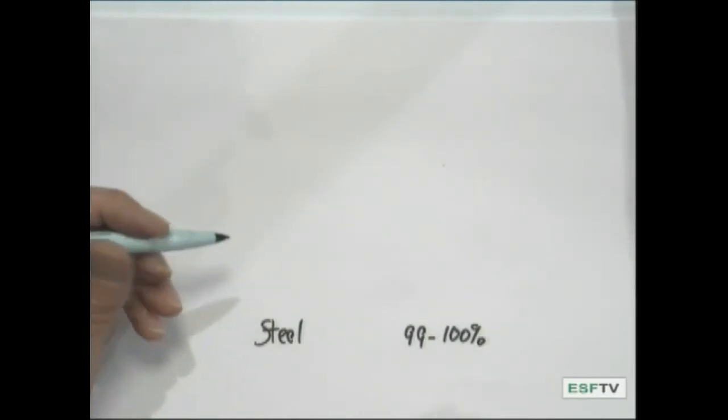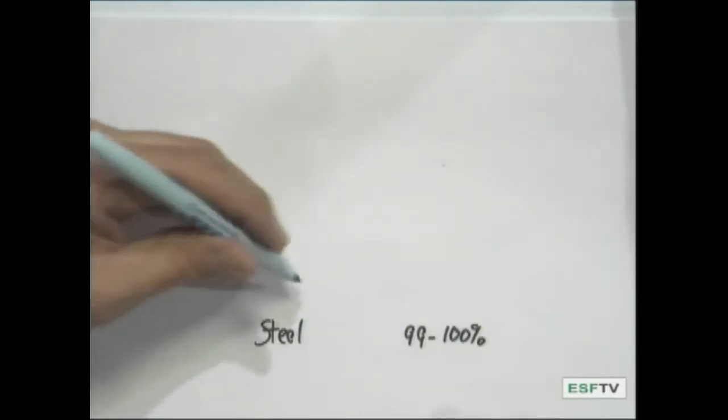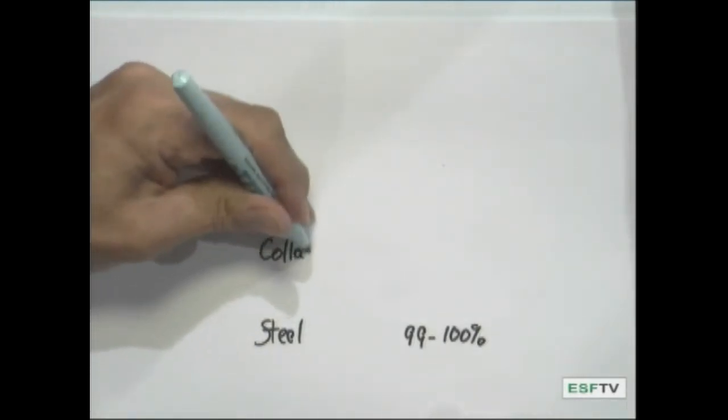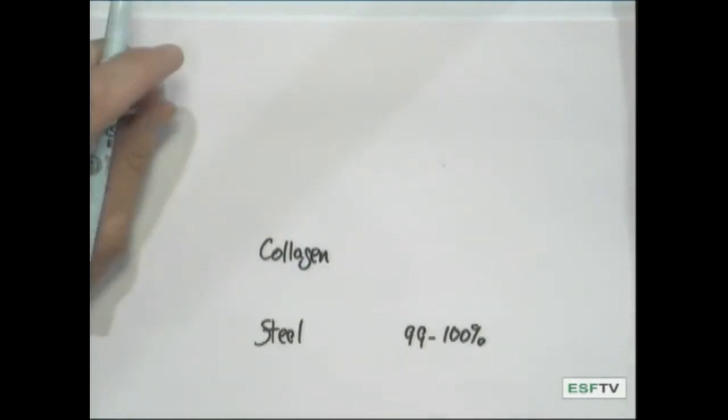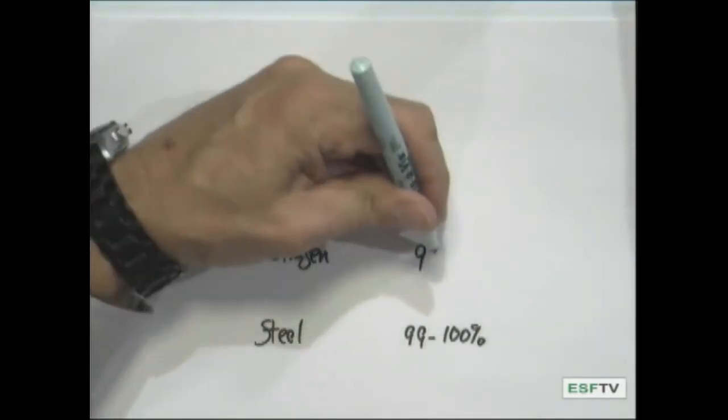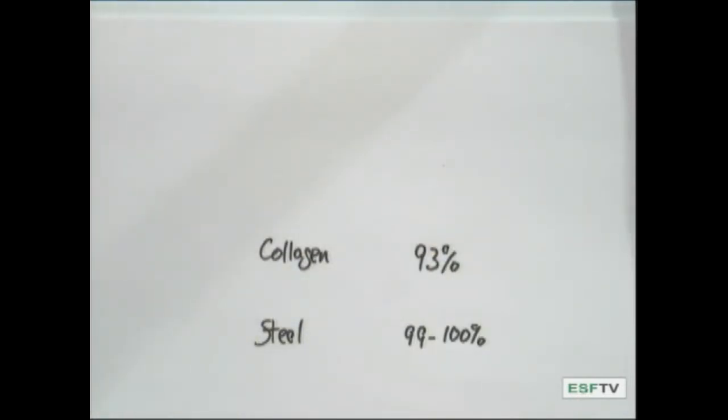Not quite, but close. If you look at the principal material that makes up tendons, that is collagen, then you find that collagen is a very resilient material. That is, it has a resilience on the order of about 93% or so.